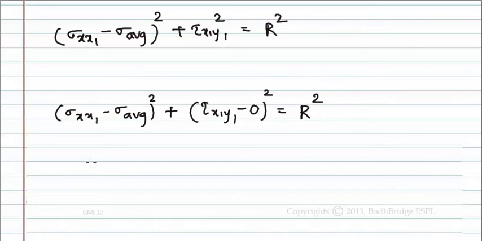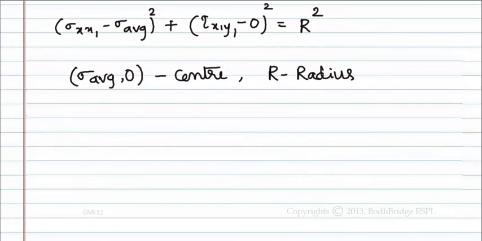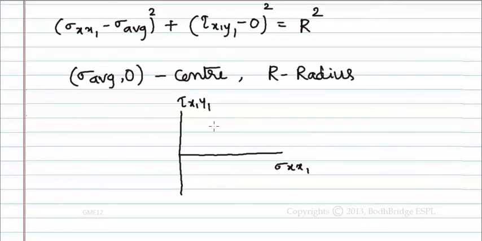So this is the equation of a circle with sigma average and 0 as center and r as radius on sigma x1 and tau x1y1 as axes. So if you draw a circle by taking sigma x1 as x-axis and tau x1y1 as y-axis, then you will get a circle like this, with center (sigma average, 0) and the radius is r.